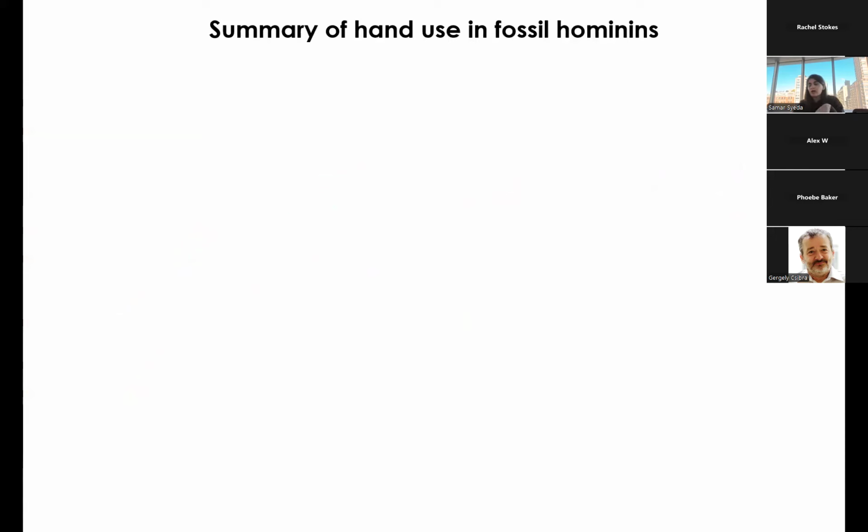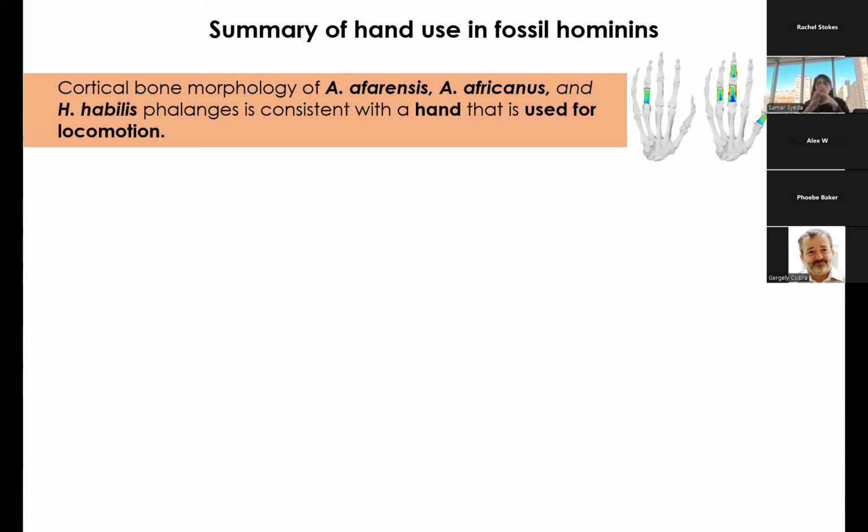So based on what we know about the cortical bone distribution pattern, but also what studies that have been done on other aspects of the hand of these fossil species, we can say that the cortical bone morphology of Australopithecus afarensis, africanus, and Homo habilis is more consistent with a hand that was used for locomotion.